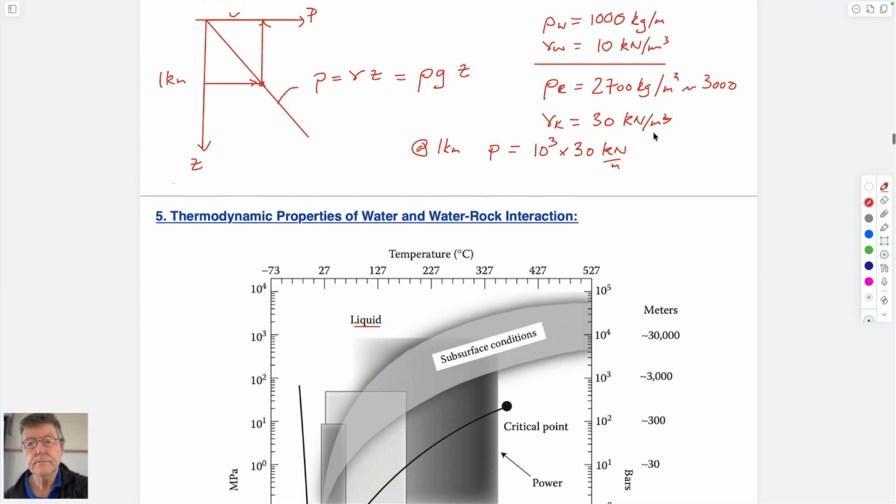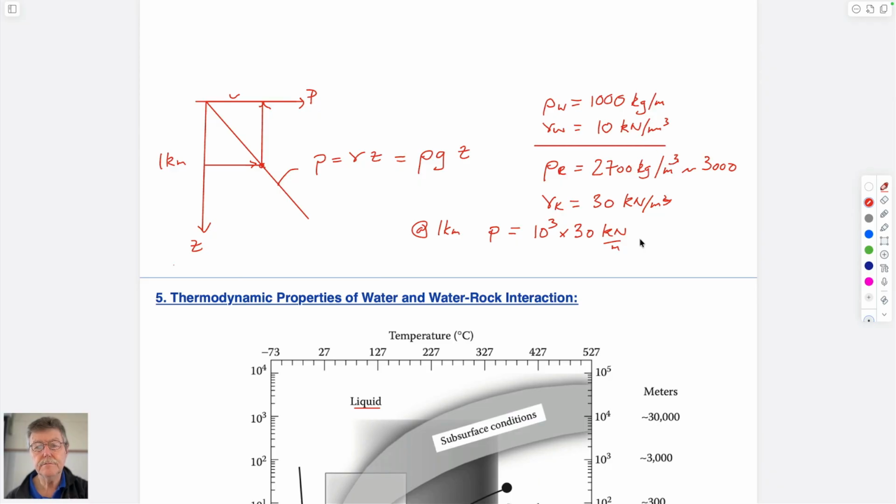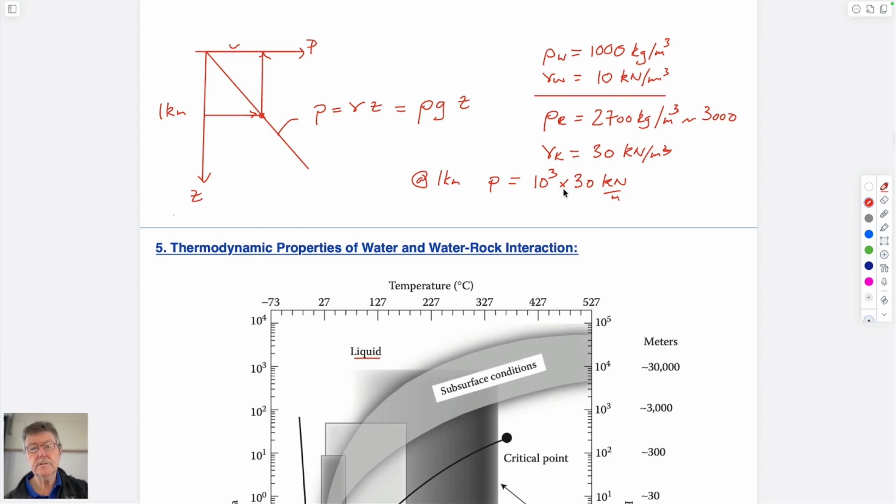So 30 kilonewtons per meter cubed times 10 to the 3 meters equals 30 times 10 to the 6 newtons per meter squared, equals 30 MPa.